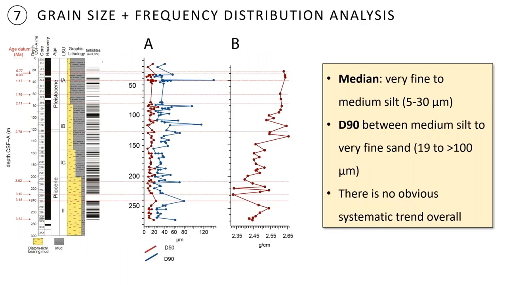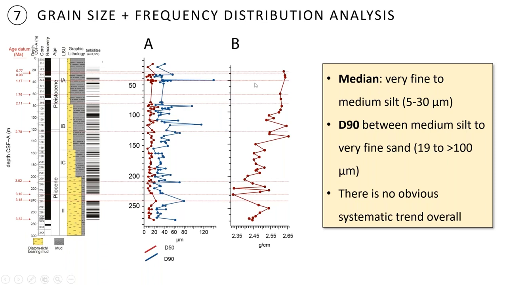The grain size median was a very fine to medium silt between 5 and 30 microns. And the D90 reached up to maybe very fine sand, but overall, as you can see in plot A, it doesn't really change too much across the core from the Pliocene to the Pleistocene. So that gives us an idea that the process was the same, and even if the material, meaning diatom versus terrigenous material, changes a bit, it doesn't really change the size.